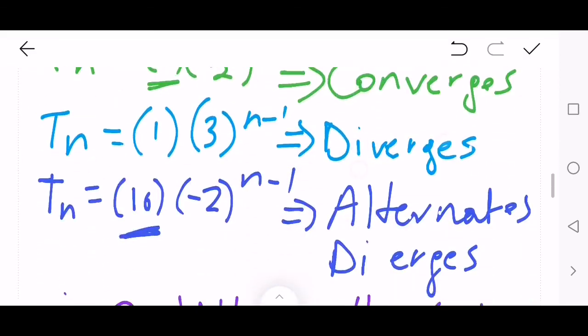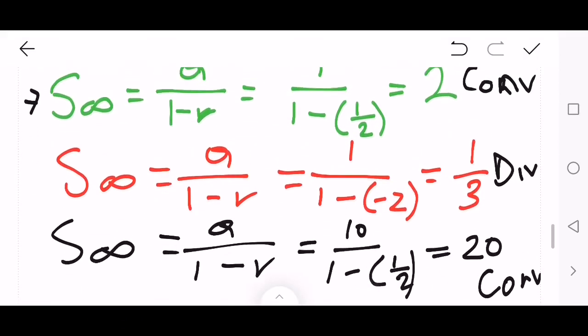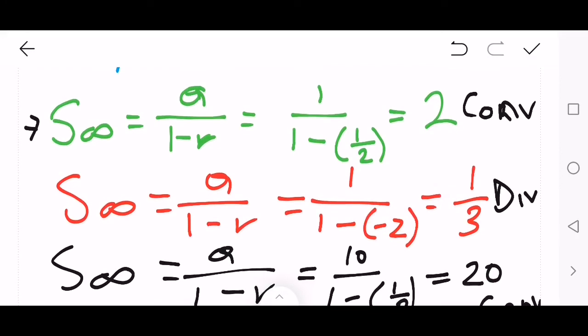So we can add as many numbers as we like to infinity, and the sum to infinity will always be equal to 2.